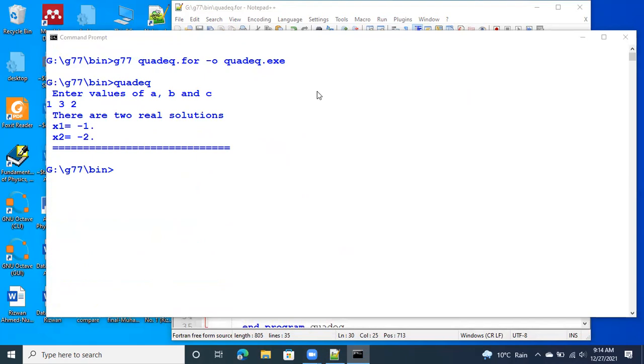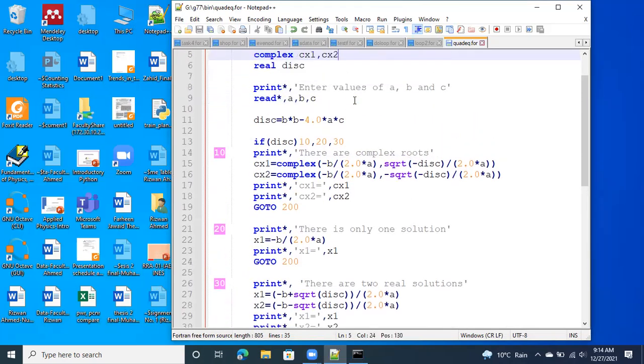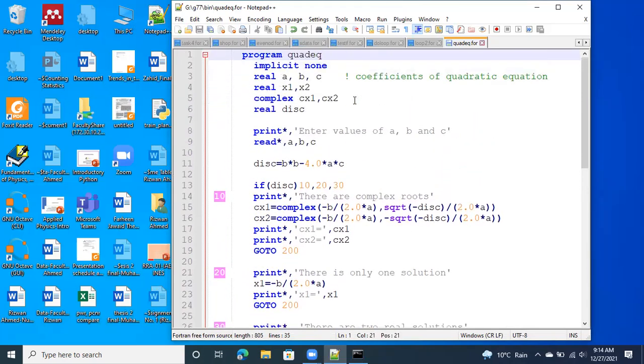So that is for the quadratic equation. Now you can add modalities to this program. For example, if the value of A is 0, do we have to go for these many calculations? If A is 0, then it is just bx plus c.